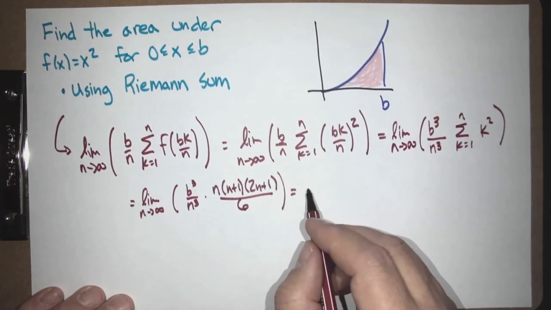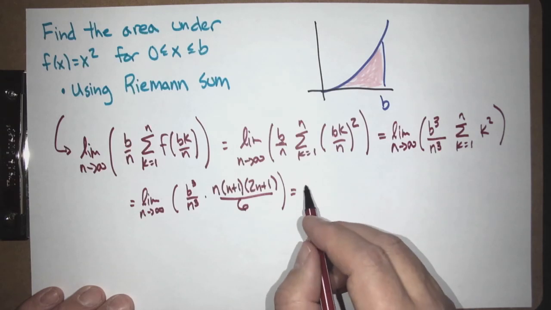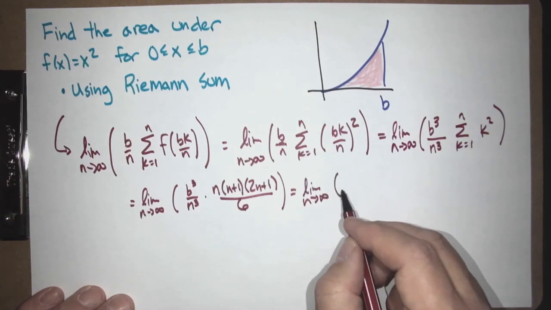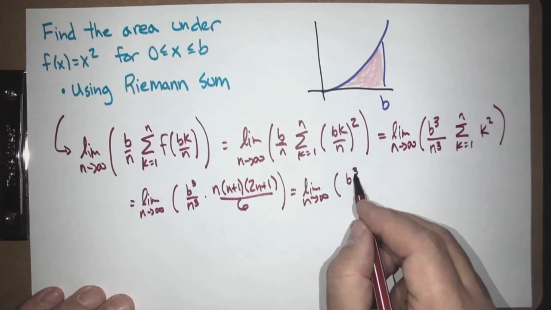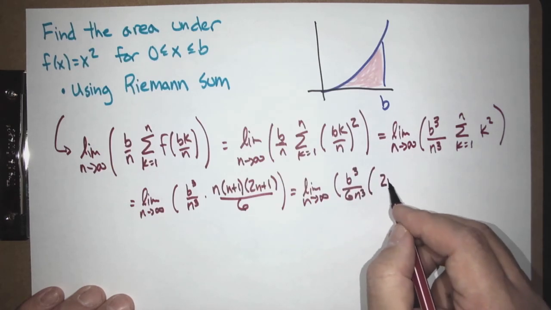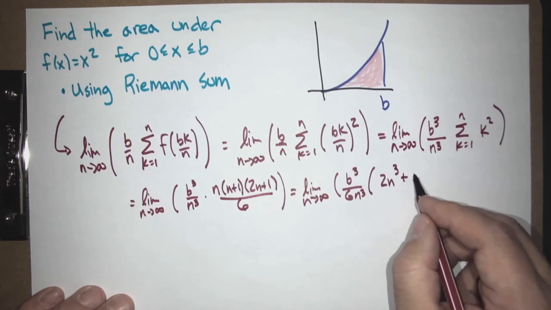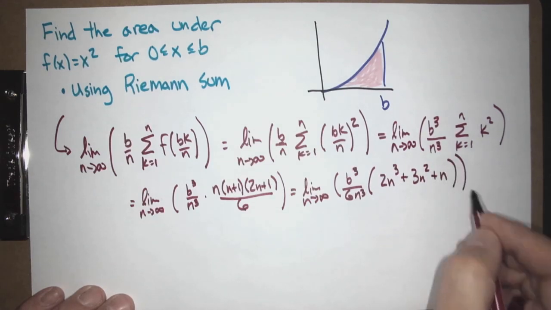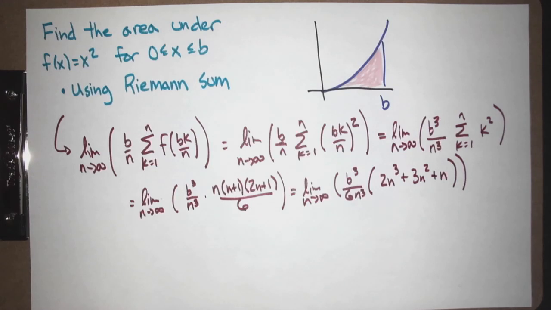Now, if you multiply that out upstairs, and who doesn't like multiplying out polynomials? It's a great pastime. We have our b cubed over 6n cubed times 2n cubed plus 3n squared plus n. That's what it turns out to be. But what can we do?